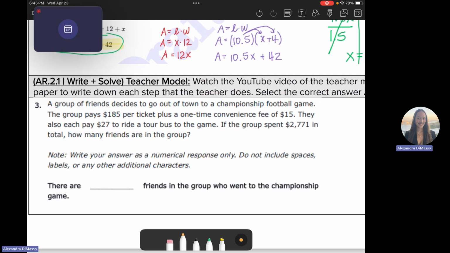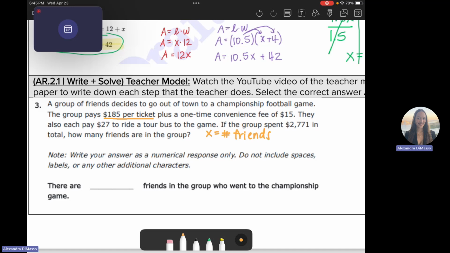So one of the things that I see that's important is it is $185 per ticket. Each person gets one ticket, right? So I really want my X to be my number of friends or number of people. I'm trying to see how many of us are there in this group.